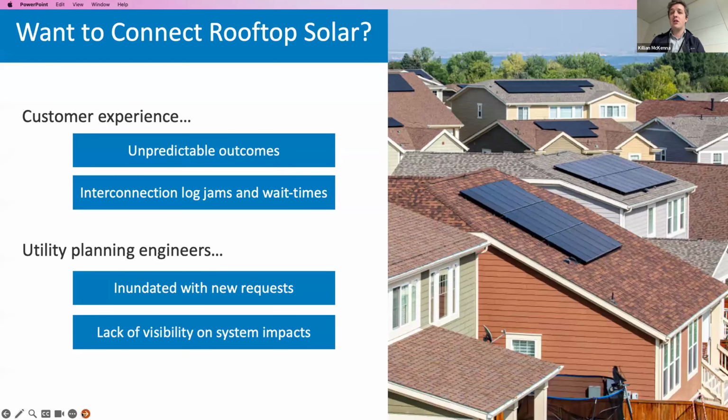Interconnection applications are being submitted, and it's really a question of, do the utility planning engineers have the tools to see the impact that those applications have on the network in terms of the thermal impact, the voltage impact, and the impact on time series capacity and time series loading on the network. So those are the big problems: the wait times, the unpredictable outcomes, and the lack of visibility and tools for planning engineers to make proper reliability assessments on how these systems are going to impact the grid.